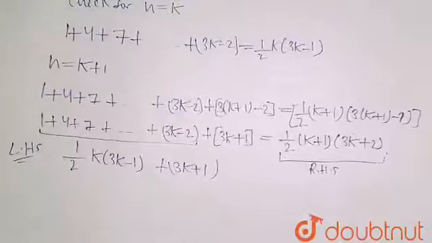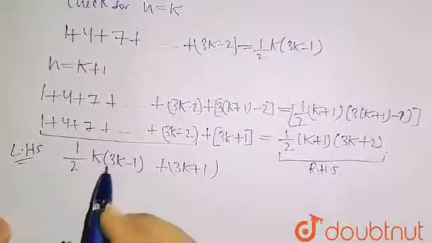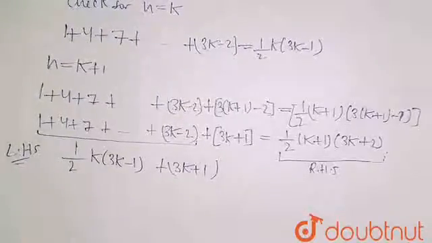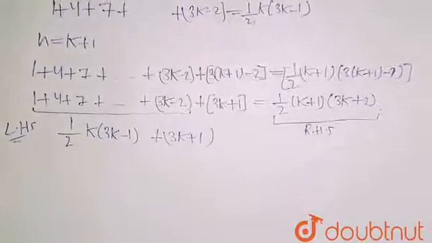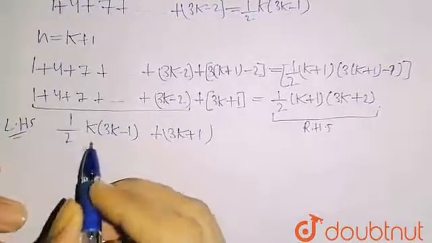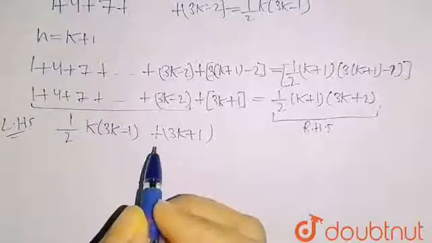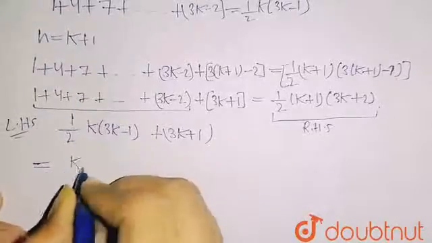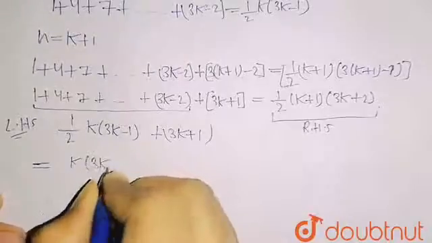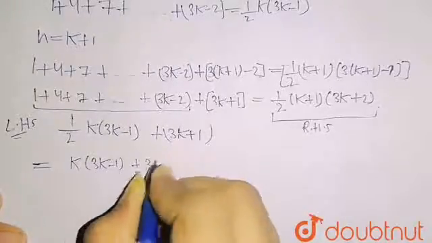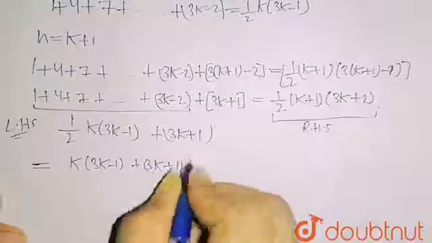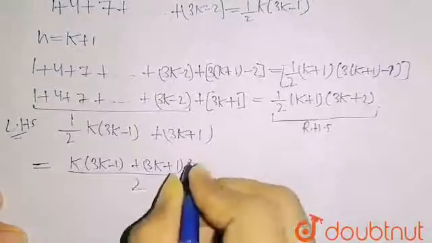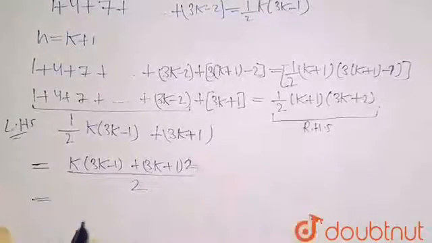So what you can take something common, or I will multiply this term. So here let's say I am multiplying by 1 by 2. I am taking LCM. Okay. So here what I will get? K 3k minus 1 plus 3k plus 1 multiplied by 2 upon whole 2. Okay. So I will get what?